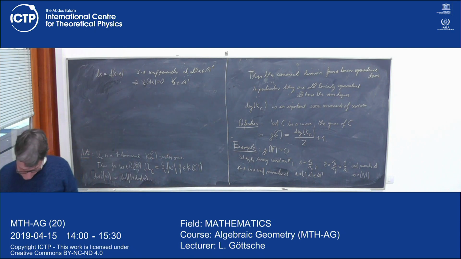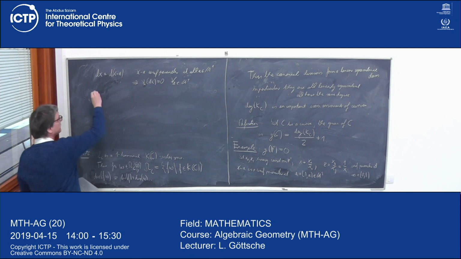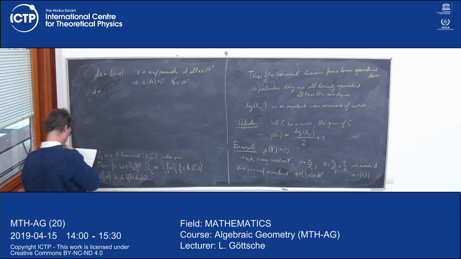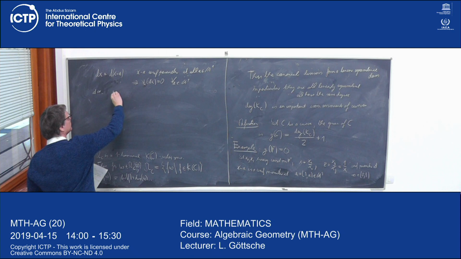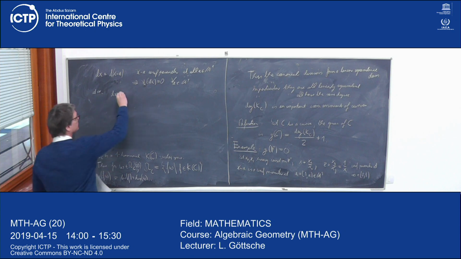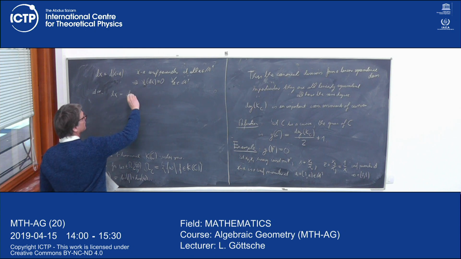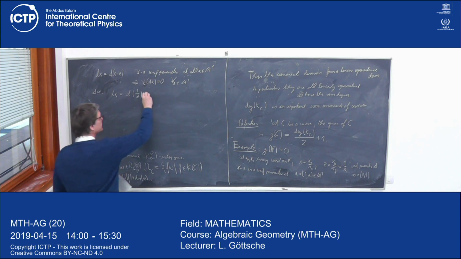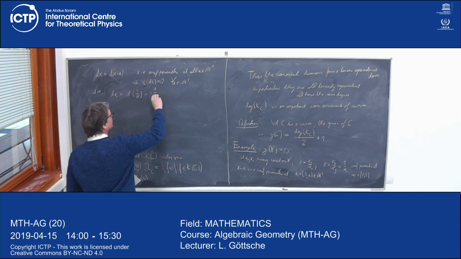And that's a bit more difficult. So at infinity, our uniformizing parameter is 1 over x. So for dx, you still have to take the same differential form. You want to know the degree of this differential form. This is the same as d of 1 over z, because x is 1 over z. So this is minus 1 over z squared dz.